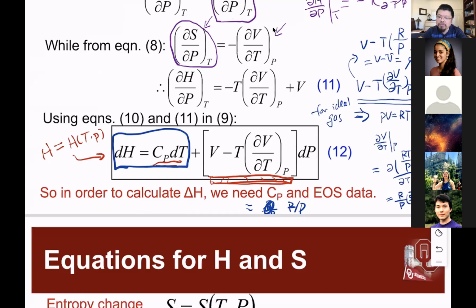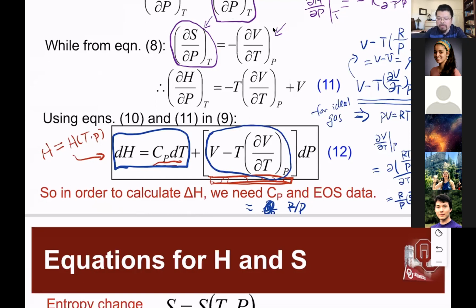So that is actually the proof, using the equation 12 on the slide, of why enthalpy is only dependent on temperature for ideal gases. That is because the second term will be 0 for any ideal gas.